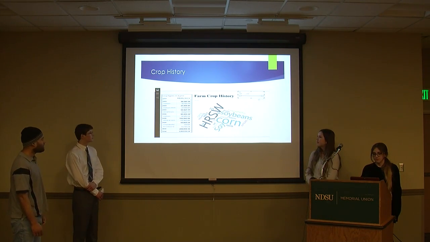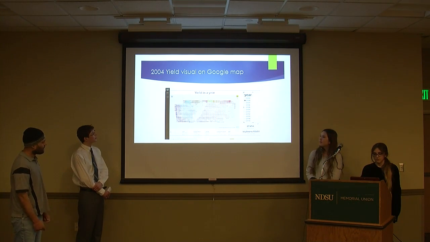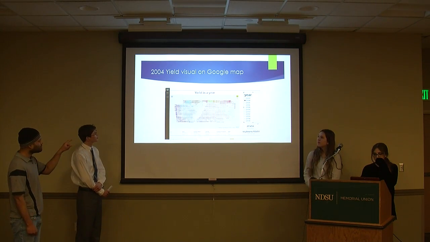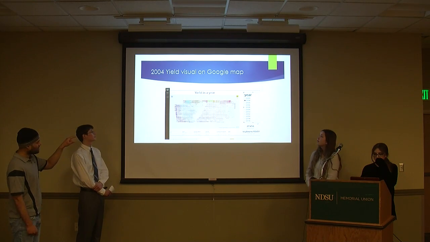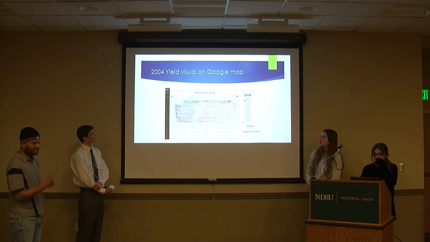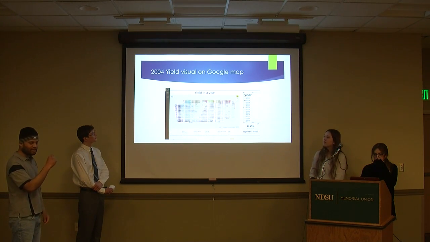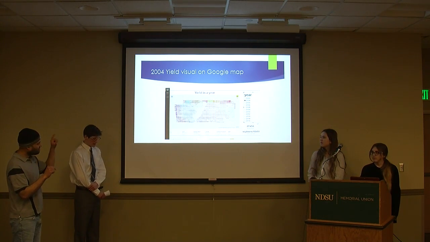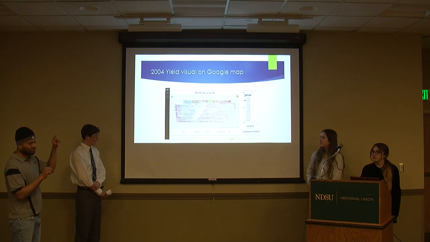So moving on. This is another visualization I used to show the yield for a certain year on Google Maps. Each square represents the center of the yield cell that we gridded up before. The size of the square represents the magnitude of yield at that point.